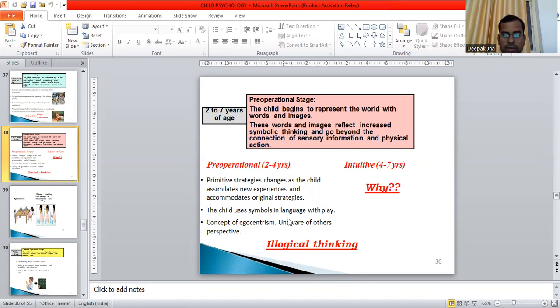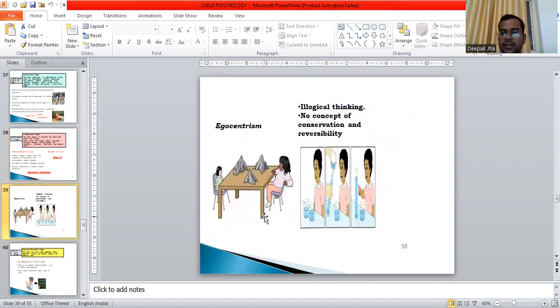Let us come to the concept of egocentrism. Egocentrism basically means that the thinking of the child is not developed so much that he can view the world from others' perspective. So the child thinks that the world looks just as he is seeing it.